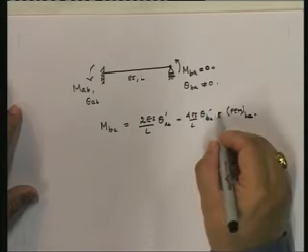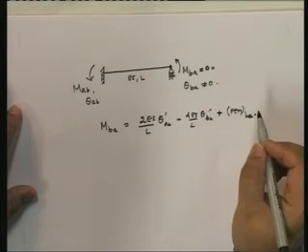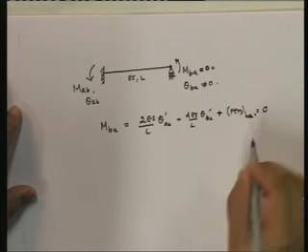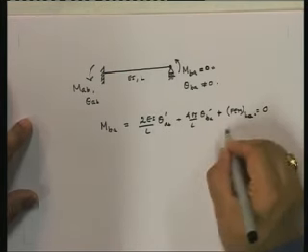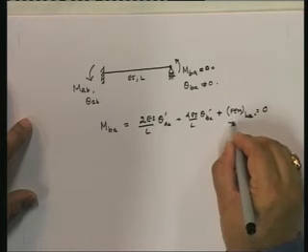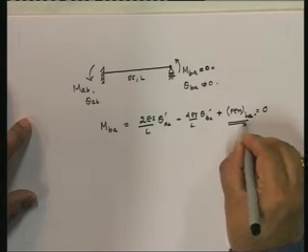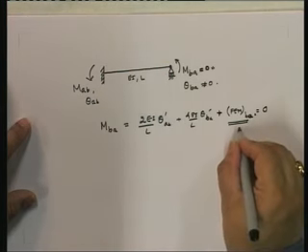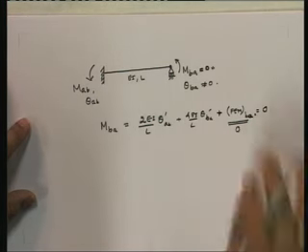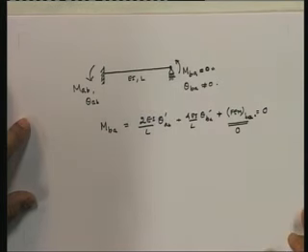For now, let us assume that I'll come to the fixed end moment later on. Let us just say that this is 0. It's normally not 0, but for now, let's call it 0. Then what do you have?